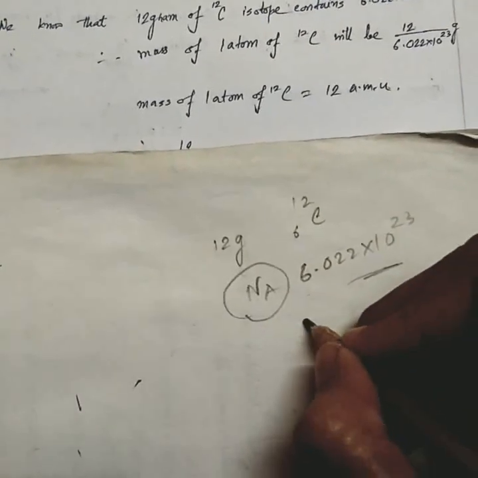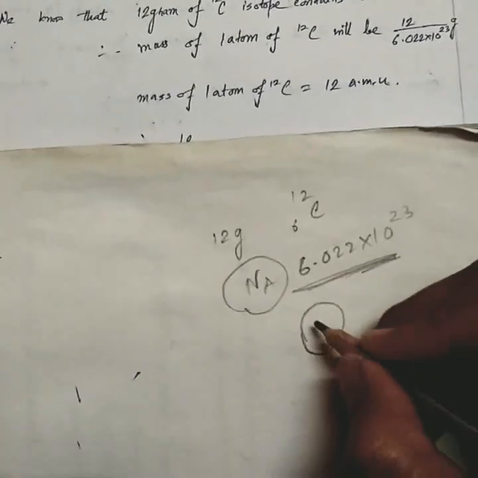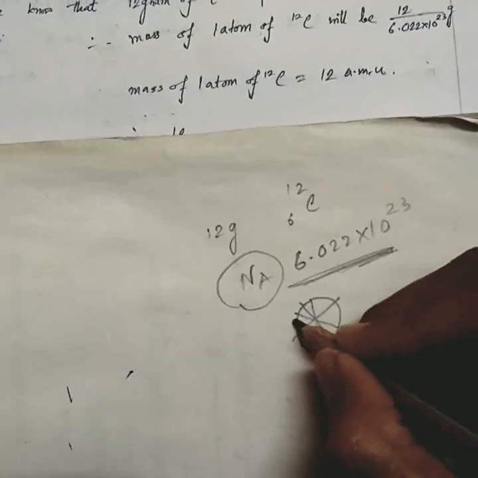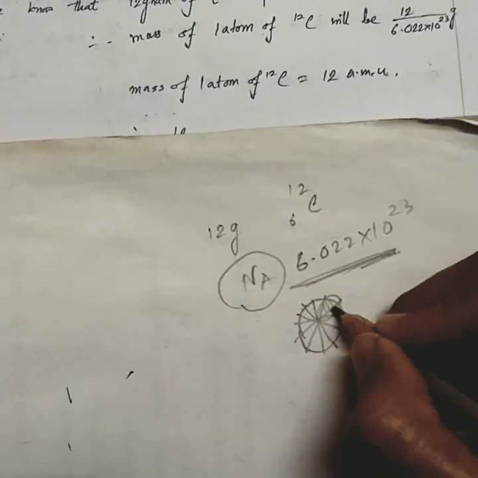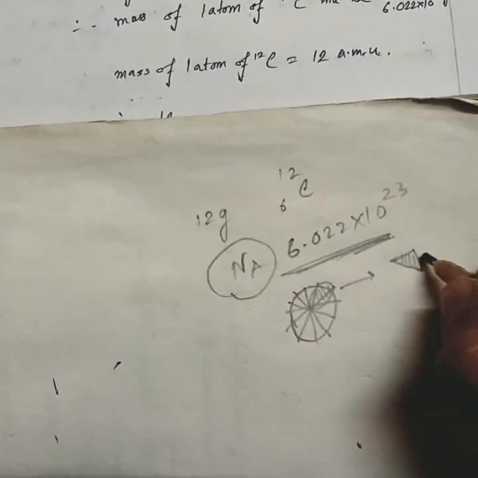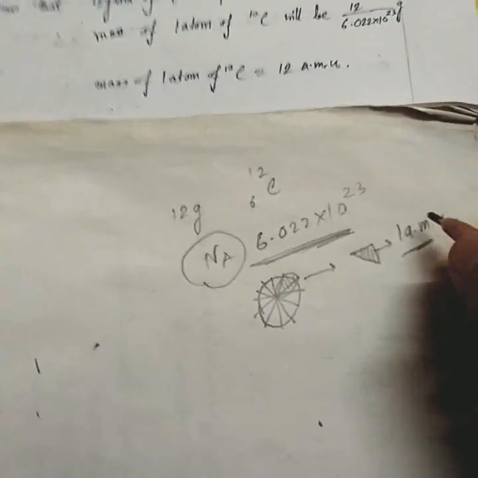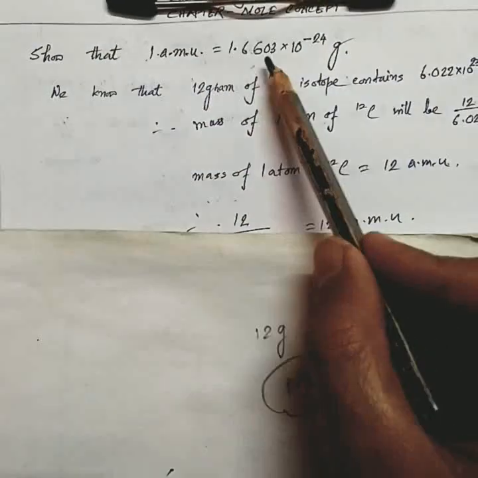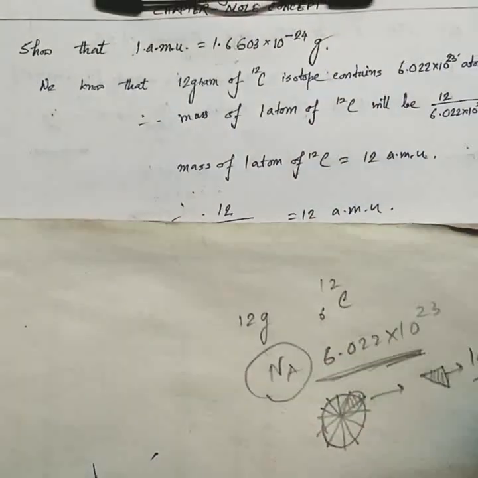If you pick up only one atom from these many atoms, and divide this into 12 equal parts, and finally pick only one of these 12 parts out, then this is considered as one atomic mass unit. When we learned the definition, we have simply written that one atomic mass unit is equal to this. But here you have to prove this one.